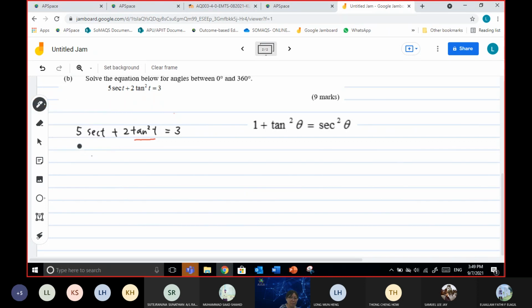So you just substitute tangent square t equals secant square t minus 1, from the identities.